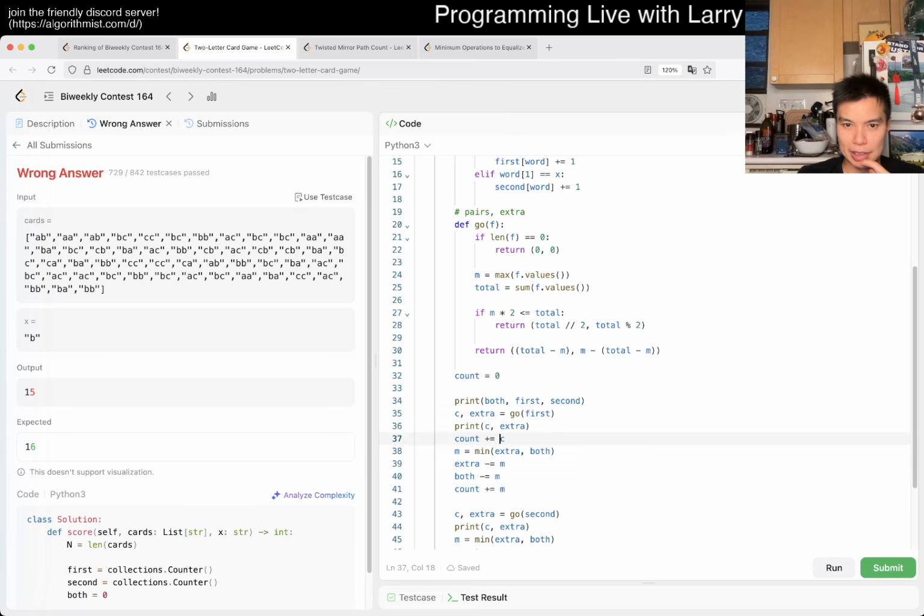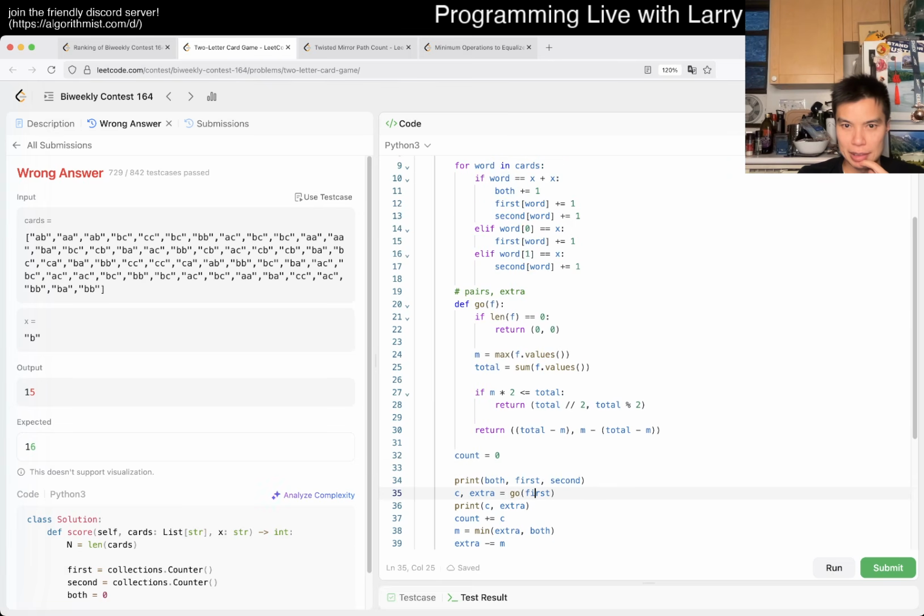So the extra is just the extra. So that means that this changes, right? This is so annoying. Okay, so that now you don't. Well, if you have extra, then you want them to be both.